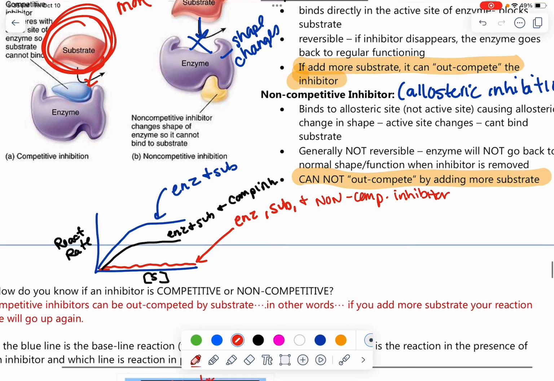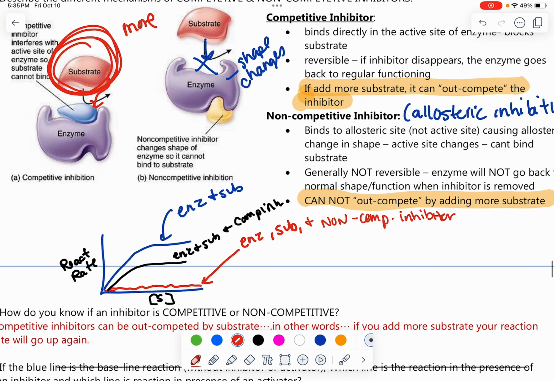If I gave you a situation and I said the enzyme's not working, there's an inhibitor in there, figure out if it's competitive or non-competitive. What you would do is add a ton more substrate to that test tube and measure product or something, see if the reaction rate goes back up. If it does, it's a competitive inhibitor, and this is just outcompeting that.